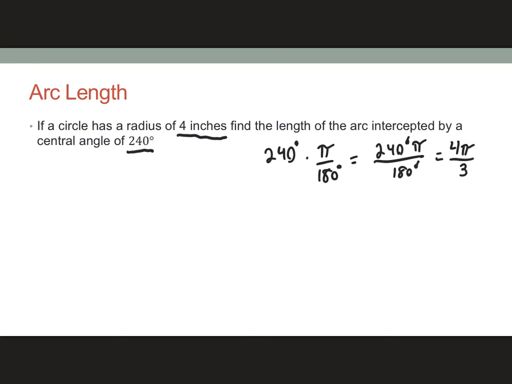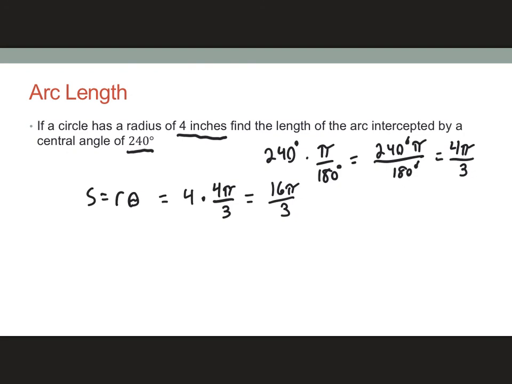Now we can use our simple equation. The arc length equals the radius times the angle measured in radians. And our radius is 4. And our angle measured in radians is 4 pi over 3. And 4 times 4 is 16, so 16 pi over 3.